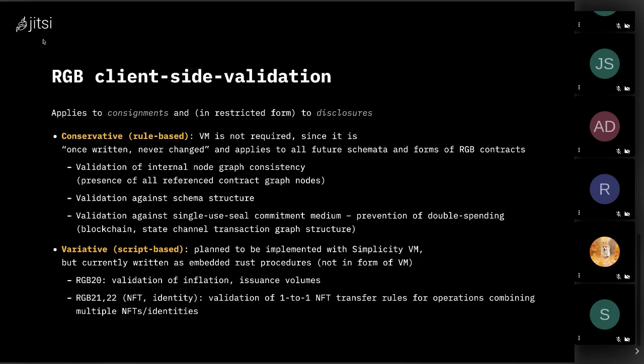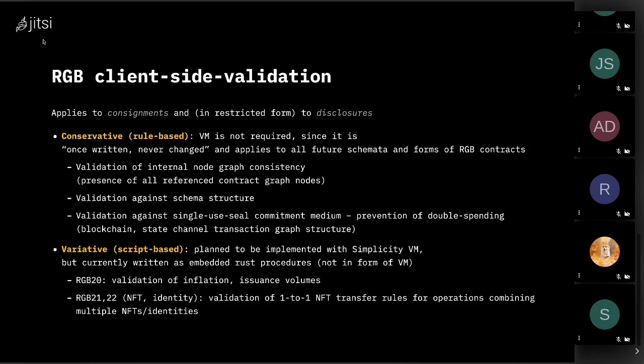And the final validation, which is part of the conservative rule-based validation, is validation against single-use seal commitments present inside the Bitcoin transaction graph, either as part of the blockchain or as part of a state channel. This form prevents double spending.